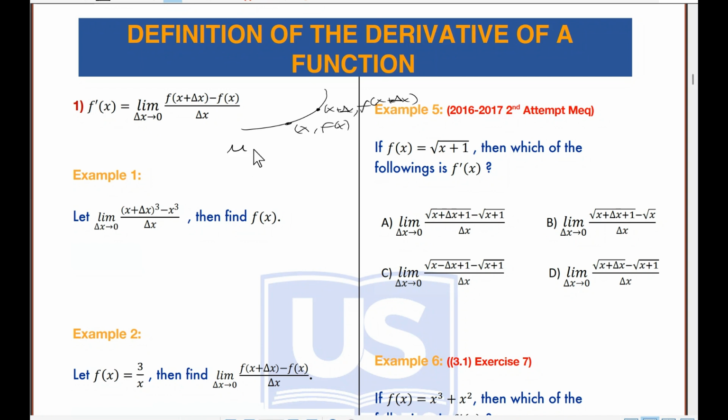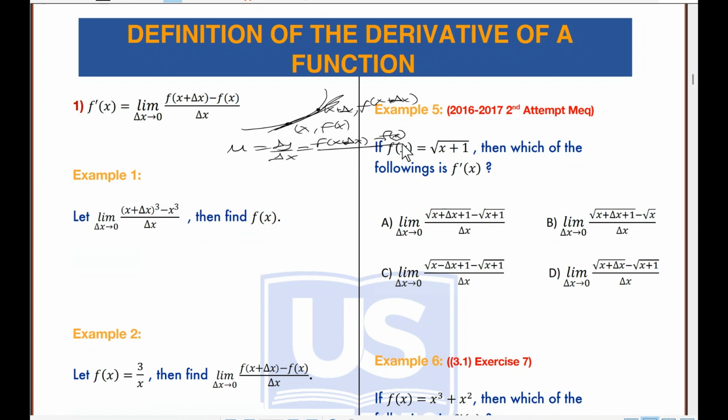So the slope of the tangent line passing through these points is change in y over change in x. Change in y is the subtraction of the y parts, f of x plus delta x minus f of x.